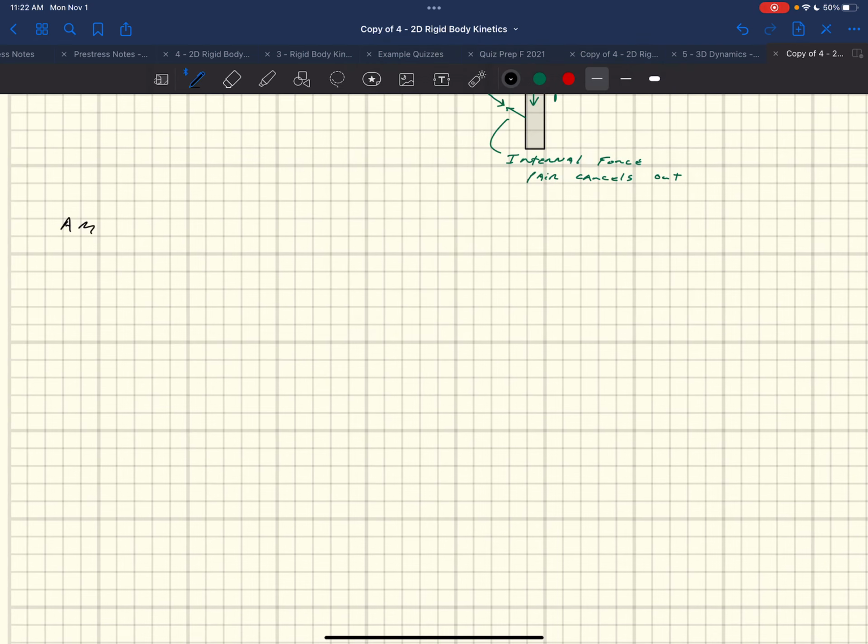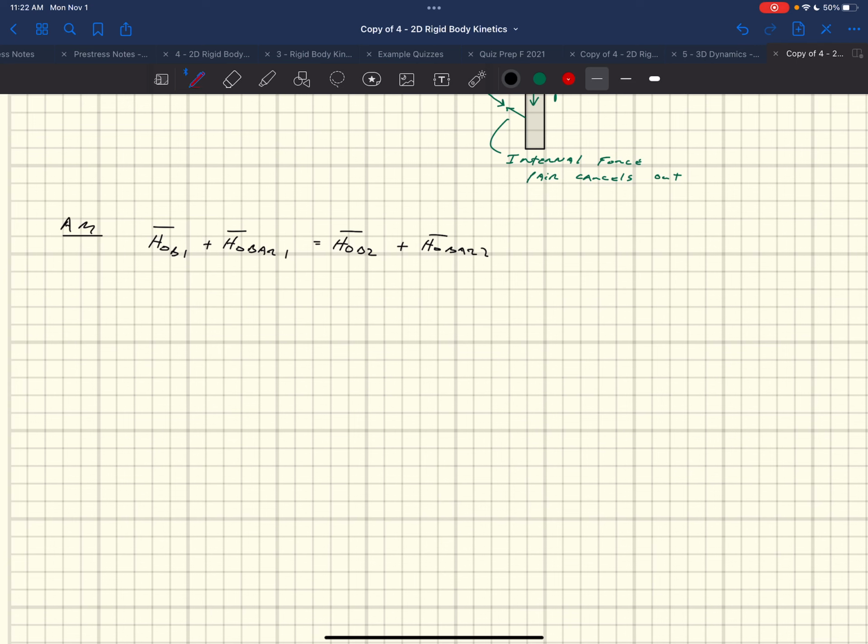So the equation for that: HO, we'll call the bullet B1, plus HO, we'll call the bar, is equal to HO B2 plus HO bar 2. There's our equation for conservation of angular momentum.